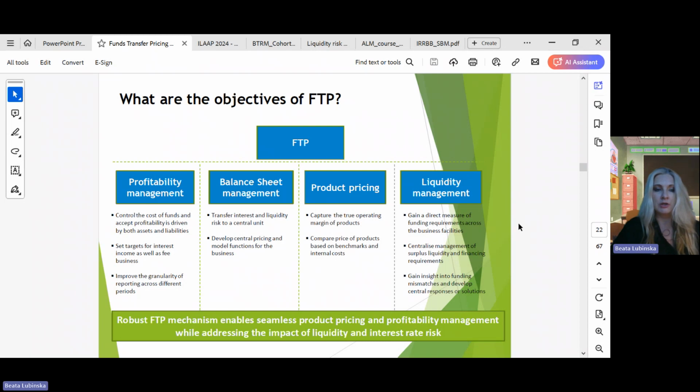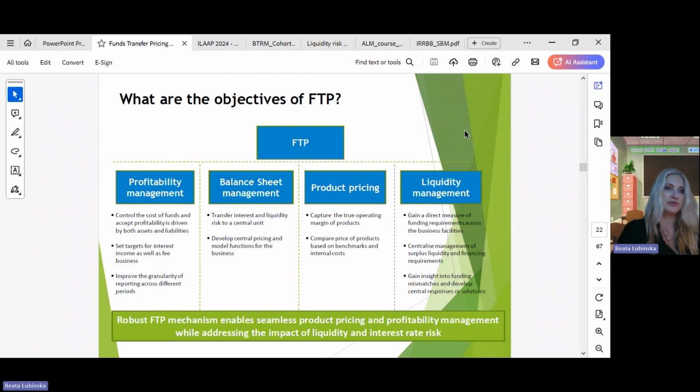For example, you may have a 5-year fixed term loan, which is consuming liquidity for 5 years. It's also exposing the bank to pipeline risk because there is a long pipeline period. The loan is sitting quite long in the pipeline and therefore is exposing the bank to pipeline risk, which needs to be hedged by Treasury.